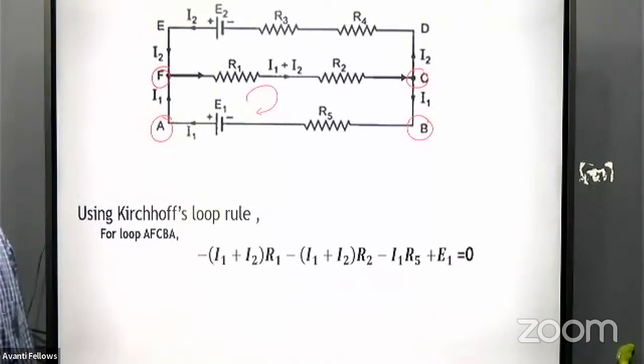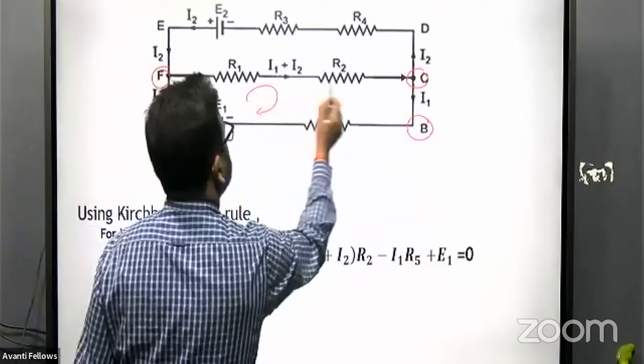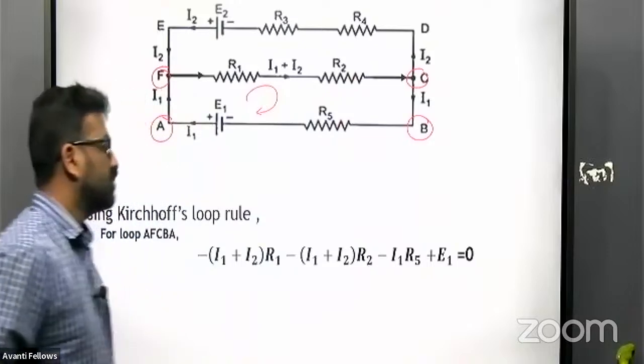First one, I1 plus I2, whether we take it as negative or positive, multiplied by R1. So forget about these arrows and all. I1 plus I2, we take it as negative, minus (I1 plus I2) into R2. If this is negative, this also will be negative, R1 and R2.